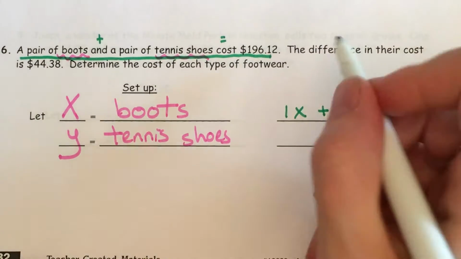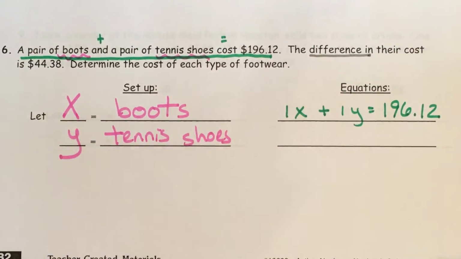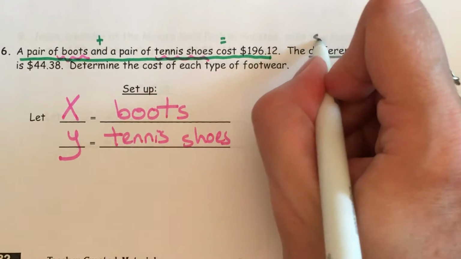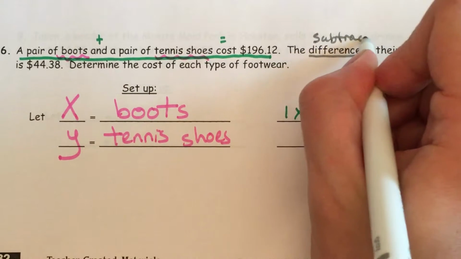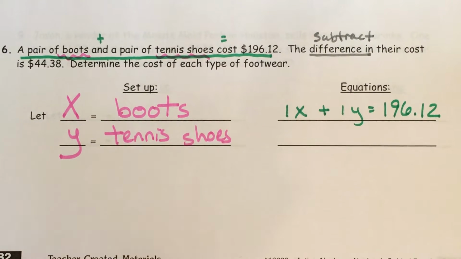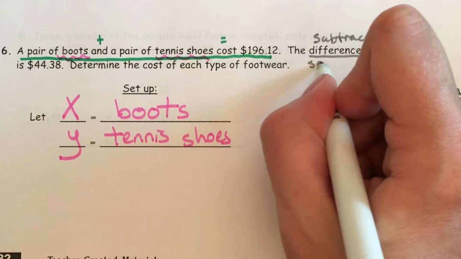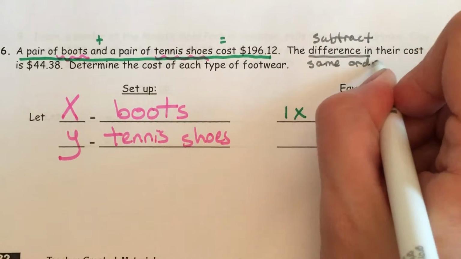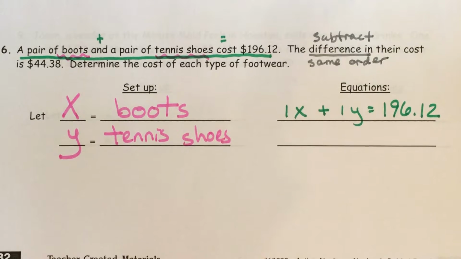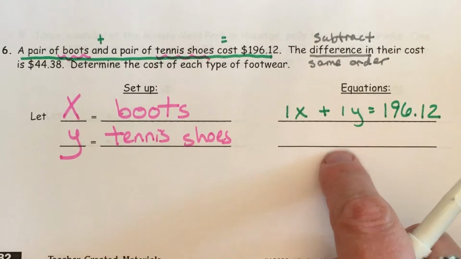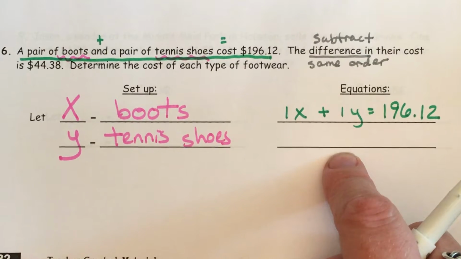Second sentence, the difference. What does the word difference mean? Yes, it means subtract. But it also means subtract in the same order. So the order that we used here will be the same order that we use here for the difference.